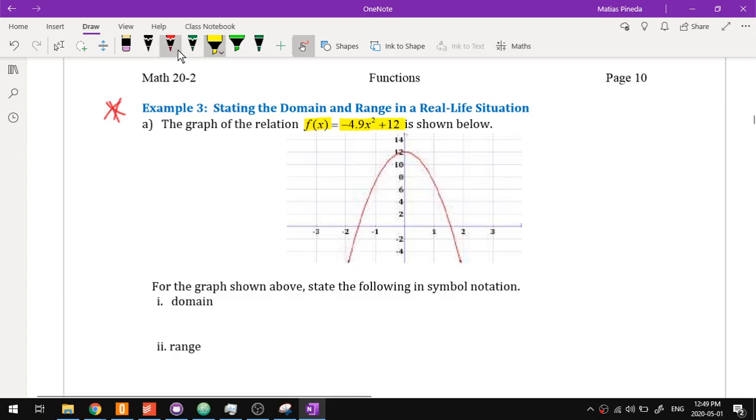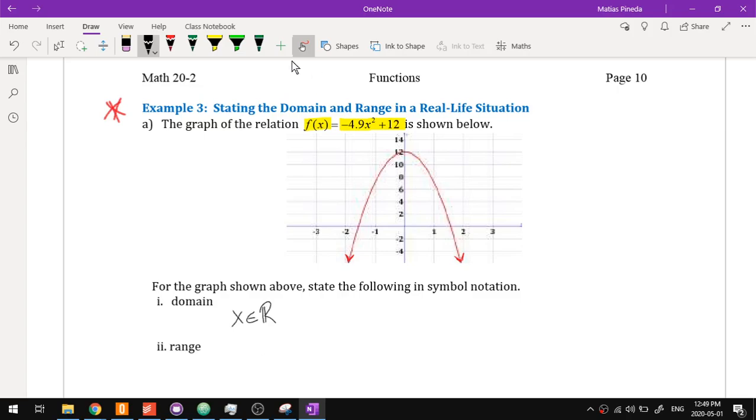It's hard to see, but we do have arrows at the end of this graph here. Means it continues. And then in the first question here, for the graph above, state the following in symbol notation. So domain, what are the smallest and largest possible value for the x variable? Well, it's going to be x belongs to the real numbers.